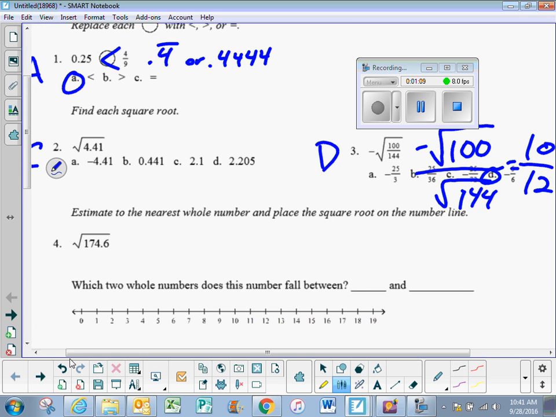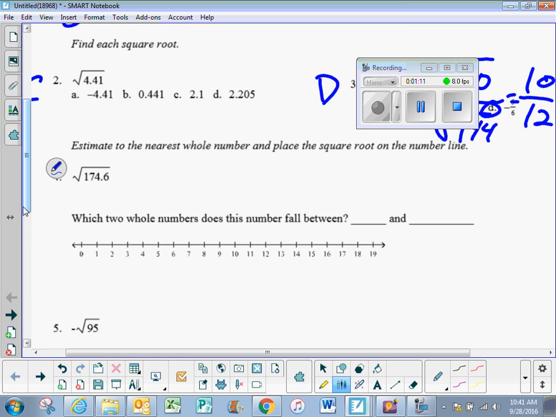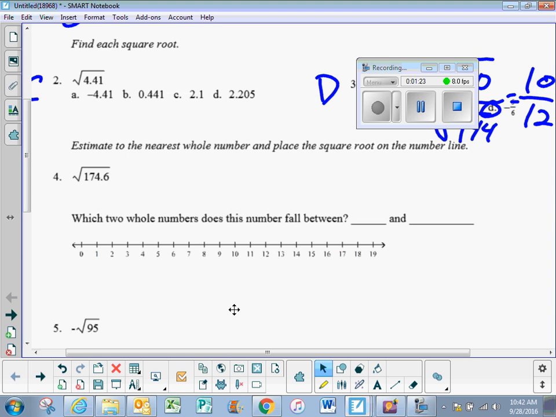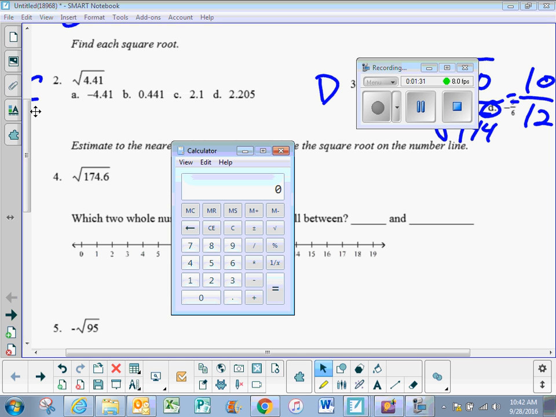Number 4. 174.6. I guess I don't understand the confusion on problems like this, because this is saying, I want to estimate to the nearest whole number and place this on the number line. So 174.6, what is that closest to? Well, I'm going to use my calculator.